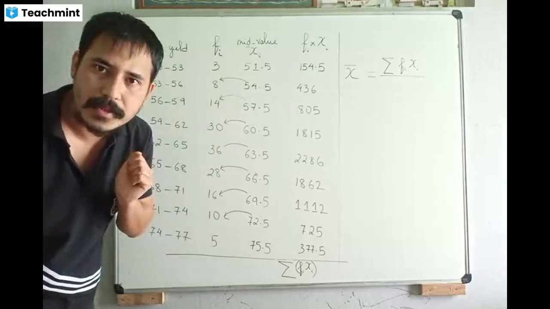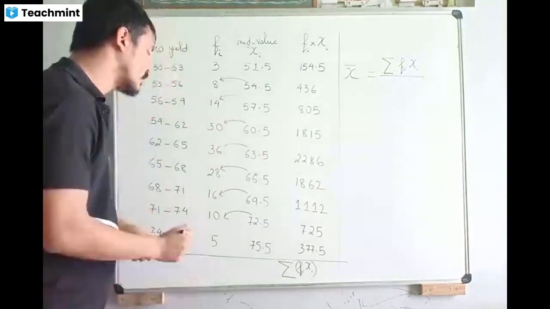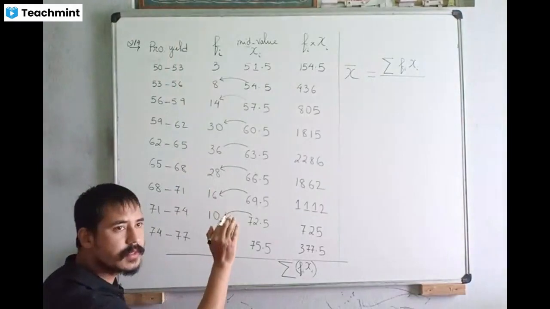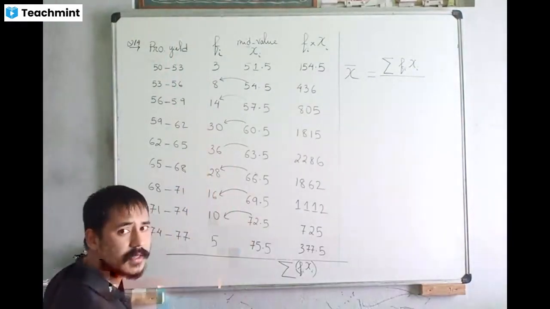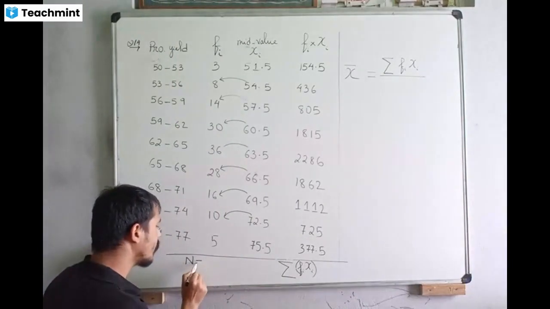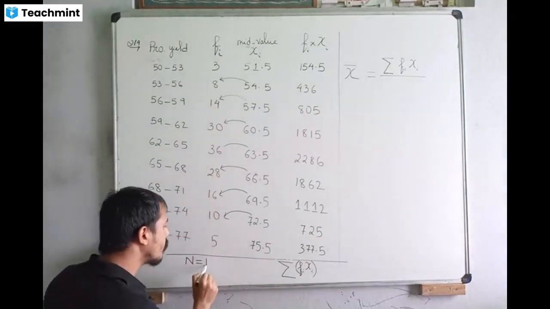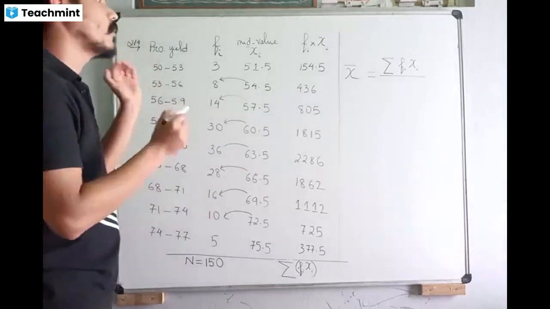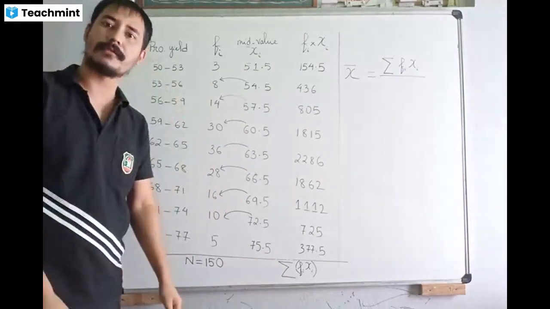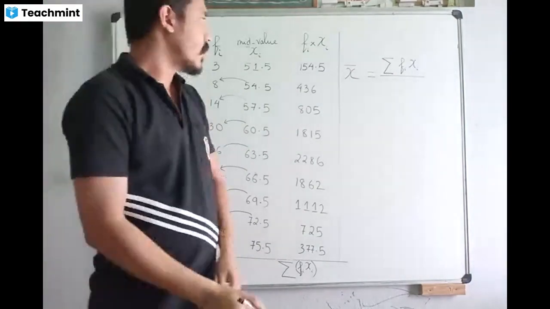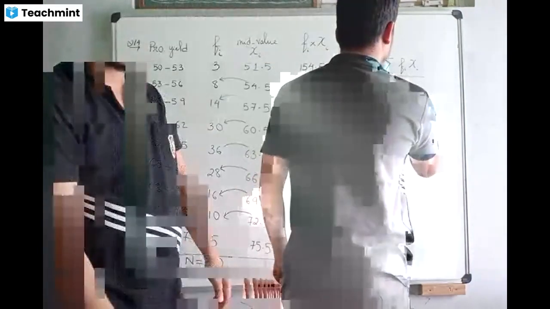Total frequency, which means the number of items in the entire series. It is n. So this total will give you 150. That means altogether you have 150 items in this data. So divided by n.